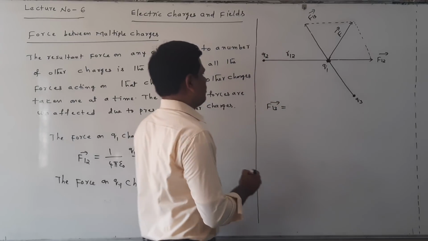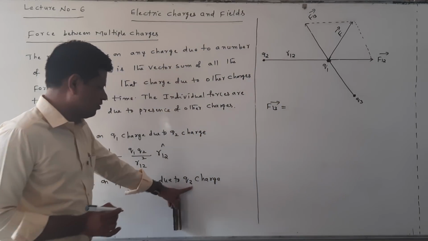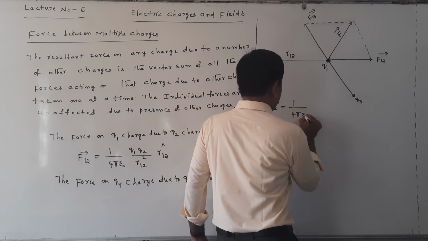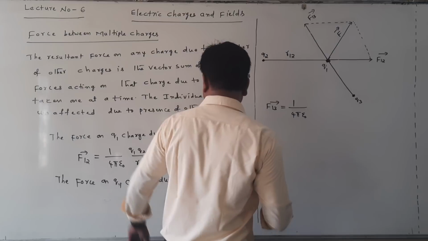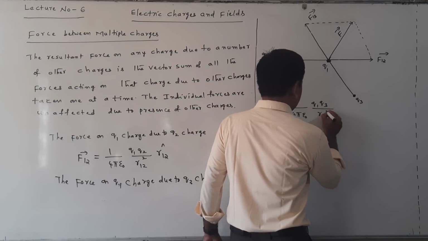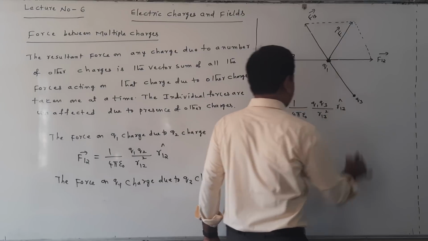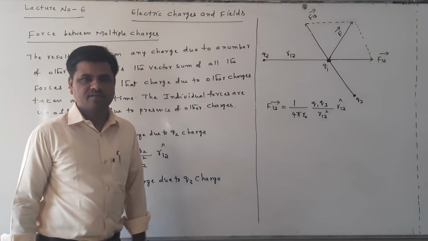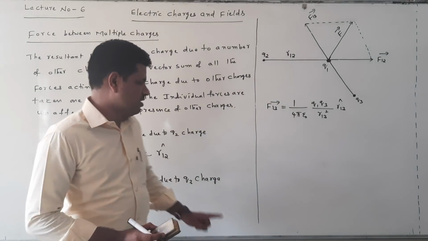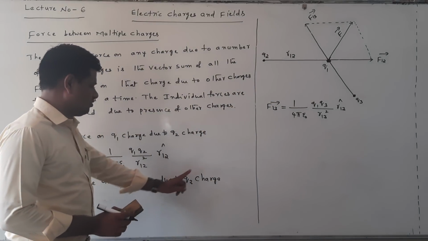F13 bar is equal to 1 by 4 pi epsilon naught Q1 Q3 by R13 square into R13 cap. This is the force acting on the Q1 charge due to the Q3 charge.